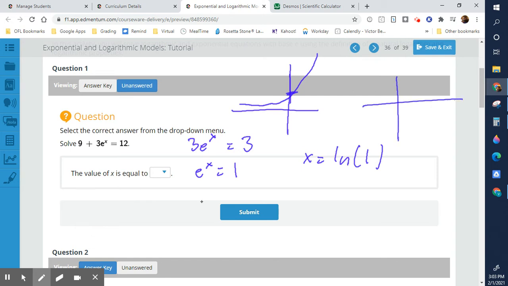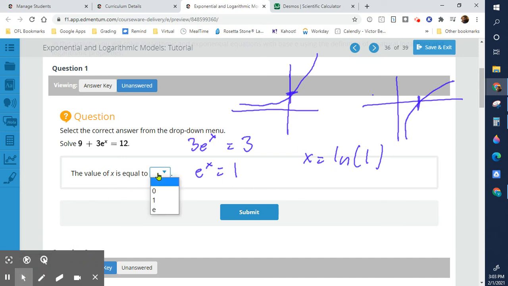So if you flip it, logs are the inverse of exponentials. So that means the x's and the y's flip in an exponential. So log of 1, when your x is 1 in a log, your y value is 0. So that's why, before I erase the answer, this ended up being 0.